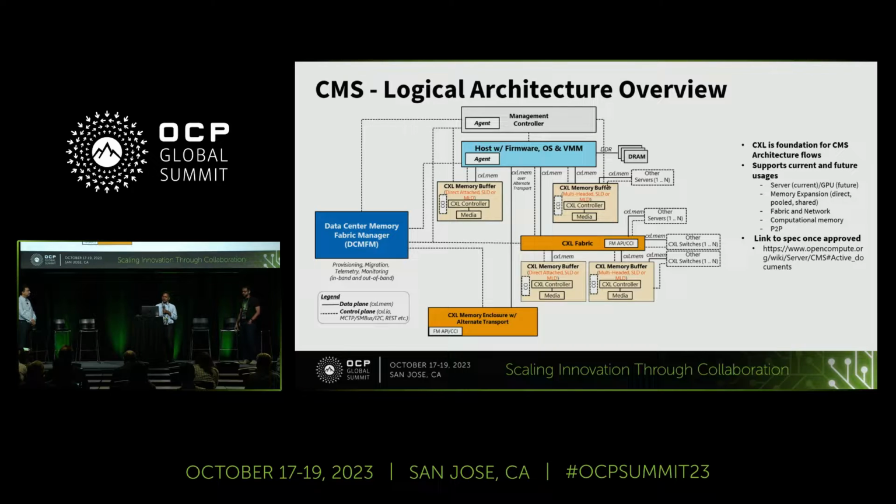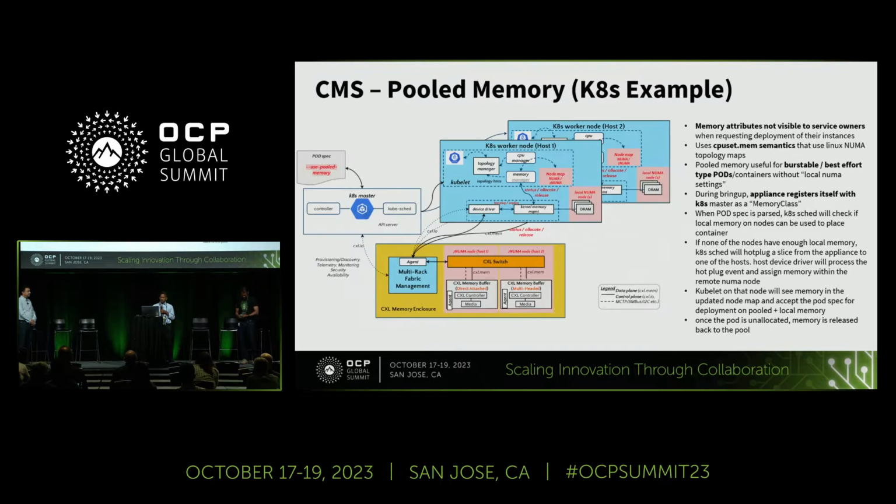Last but not least, there is also the data center memory fabric manager that stitches all these pieces together and works with the orchestrator to provision and deprovision the memory. So that's the logical architecture in the white paper. You can take a look at the white paper for details. With that, I will hand it over to Vikrant, who will talk about the mapping of this architecture to Kubernetes.